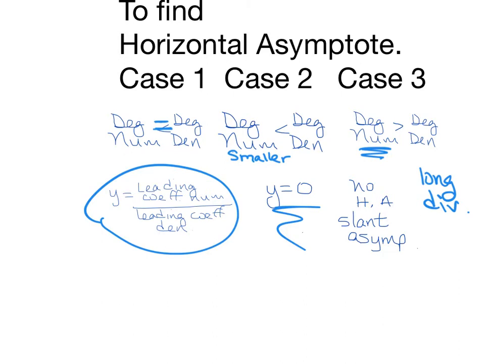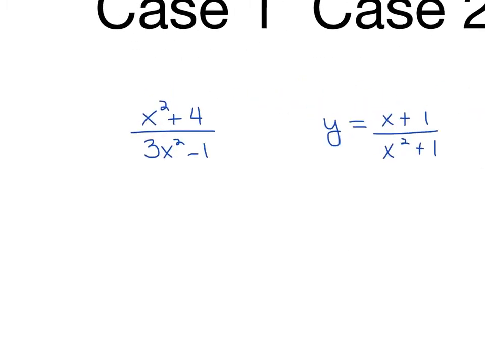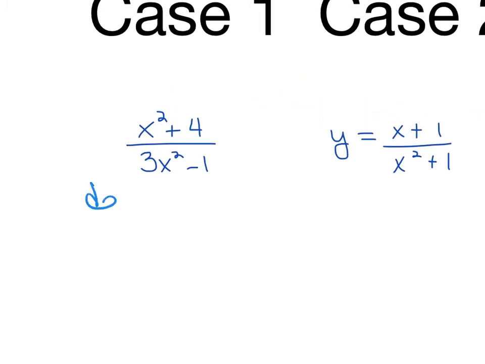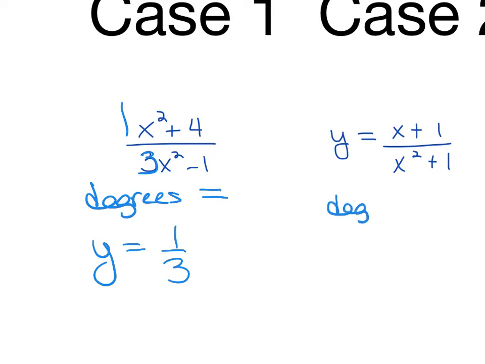So again, here is the same thing again, but with examples. So again, this is when the degrees are equal. This is where we're going to take the coefficients, and my horizontal asymptote occurs at 1/3. This is where the degree of the numerator is the smaller one.